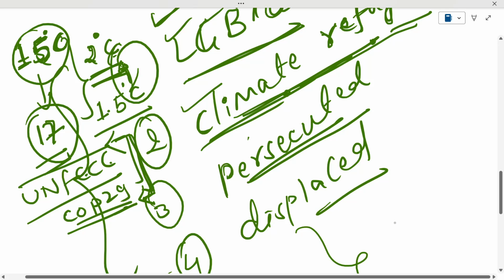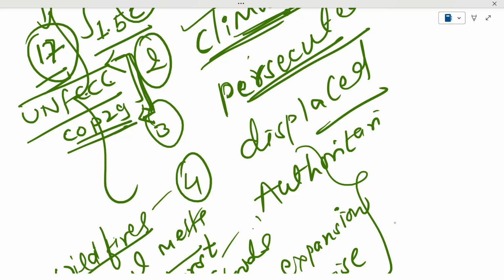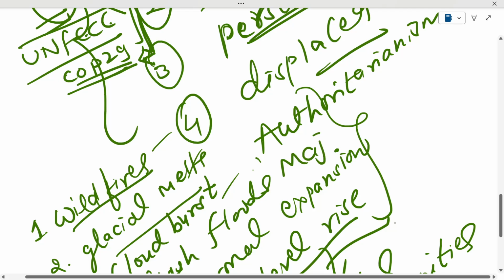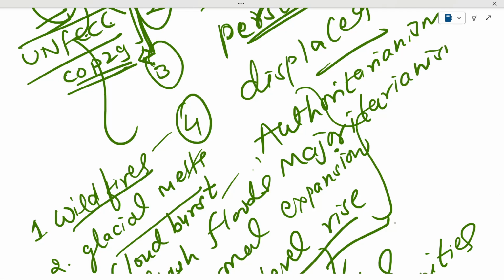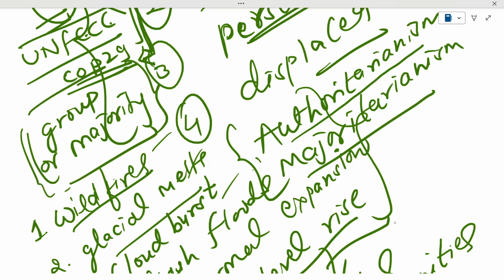Persecuted people: everywhere, the wave of authoritarianism and majoritarianism, both of which are the same, means that either a group or a majority section is controlling the major power, controlling the politics of a country.